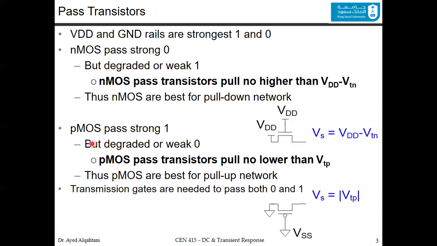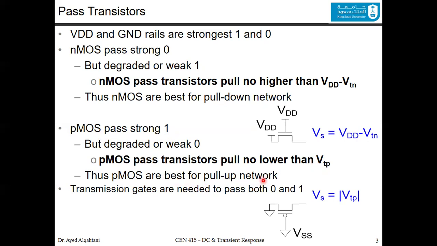Now moving to the PMOS. The PMOS passes a strong 1, but it degrades or weakens the logic 0. This means that the PMOS pass transistor pulls no lower than the V threshold of P. Since PMOS passes a strong 1, they are best for a pull-up network.